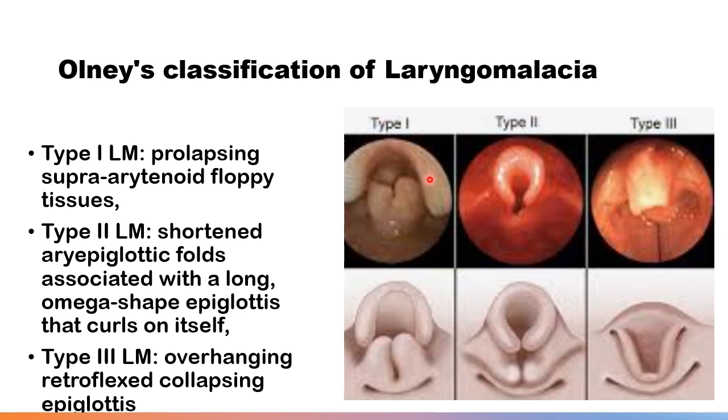This is type 1. In type 2, there is a long omega-shaped epiglottis and also very shortened aryepiglottic folds. In type 3, there is in addition an overhanging and retroflexed collapsed epiglottis overhanging over the inlet of the airway.